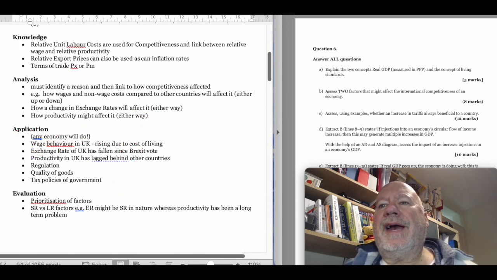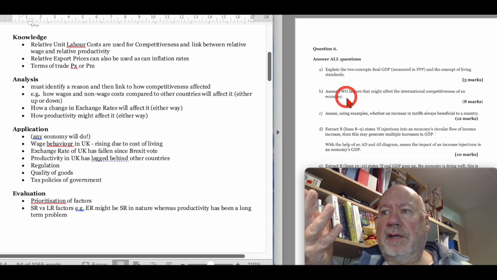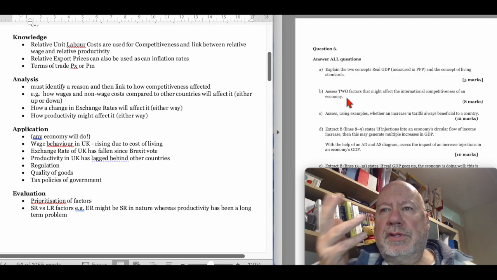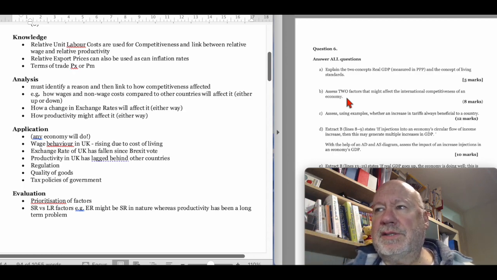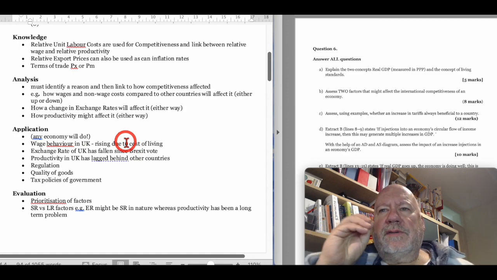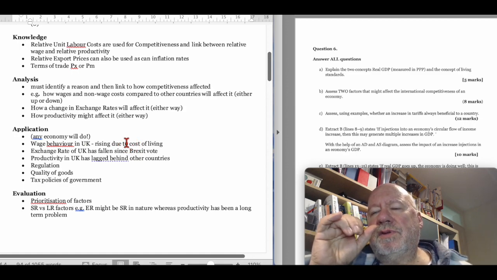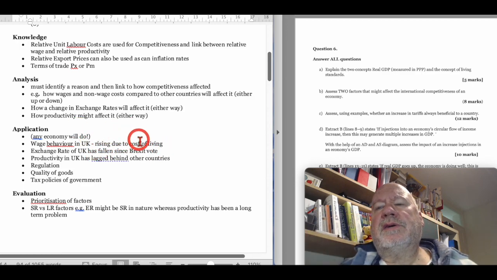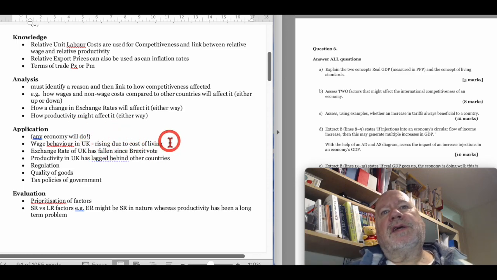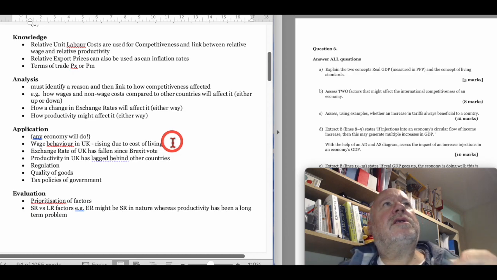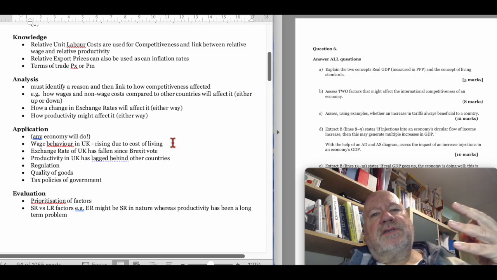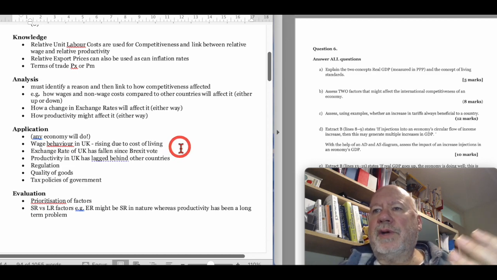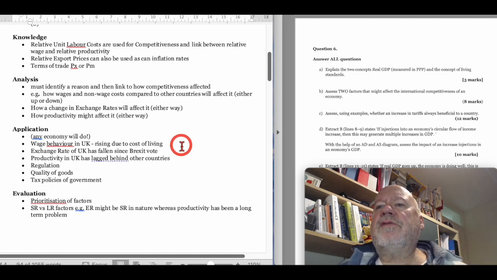And this is where I would say any economy is going to do here. You had some examples in this one, but you could just do any economy. It doesn't say this one, it just says an economy. You've got to know snippets of information about wage behaviour in the UK, that some people are bidding up wages because of the cost of living and the strikes that are going on, and therefore, if wages rose in this country compared to others, then our competitiveness would have decreased.